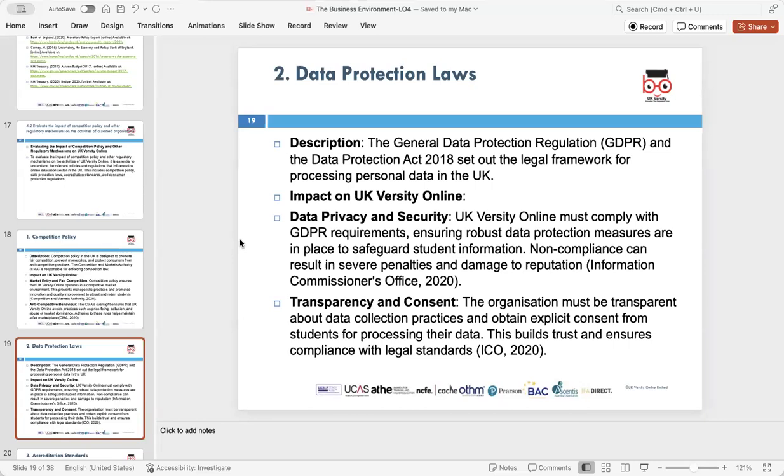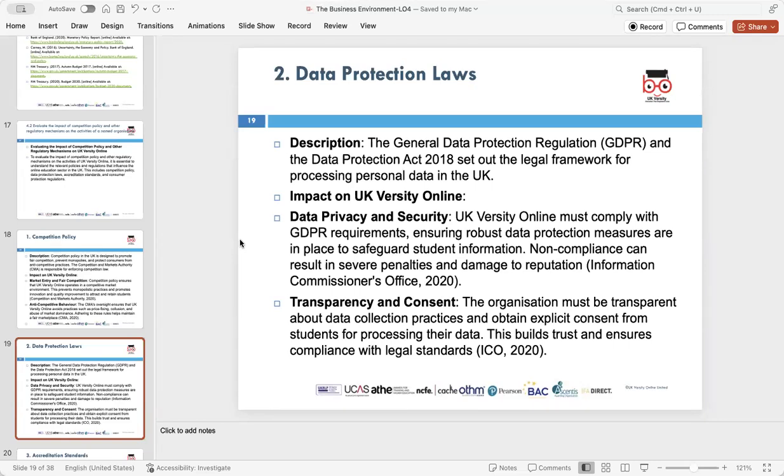For UK Varsity Online, compliance with data protection laws is paramount. The university must implement robust data protection measures to safeguard student information from unauthorized access, breaches, or misuse.